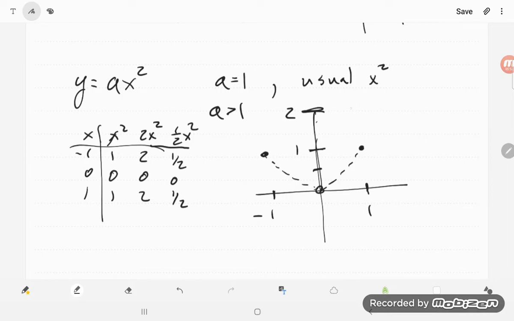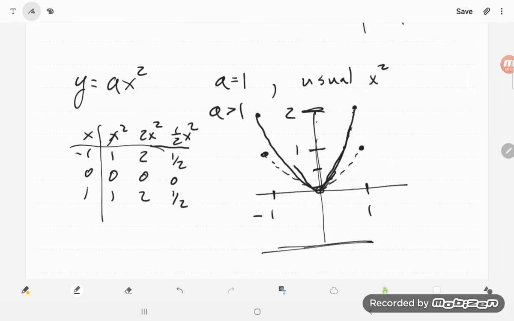But then it's way up here already if it was 2x squared. So I'll just fill that one in. Okay, so it's going to look narrower because for the same travel in x, it's going to be taller, and therefore it's going to look narrower.